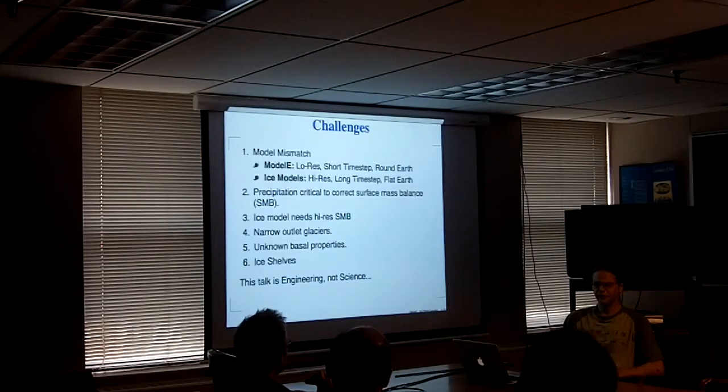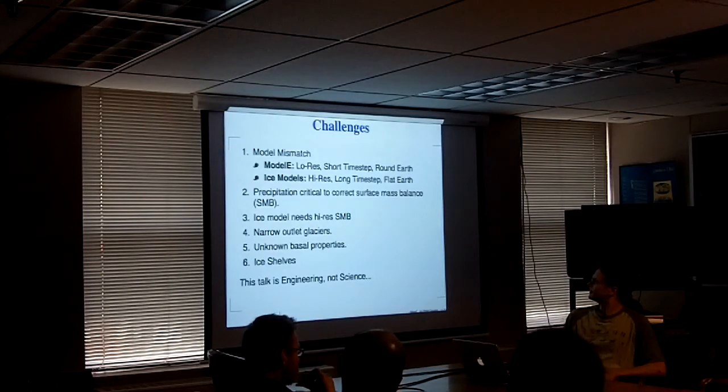The ice dynamic modelers will tell you it's not going to make a difference because the ice sheets are about as thin as a sheet of paper. On the other hand, it is something to be dealt with when you're coupling it to something that thinks the Earth is round.